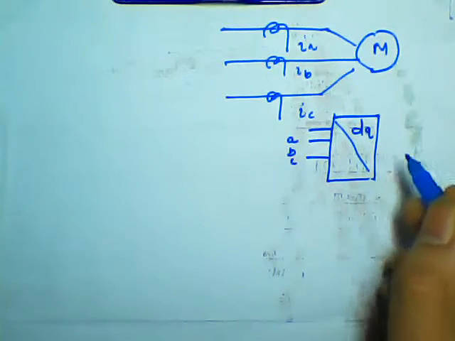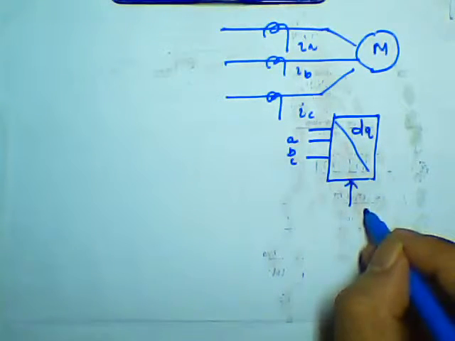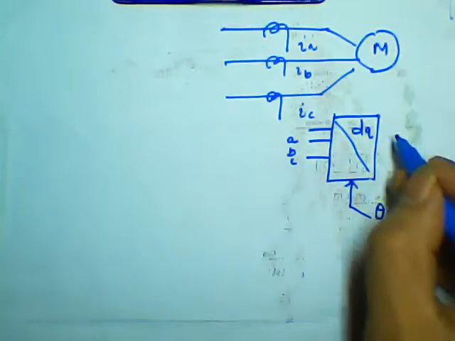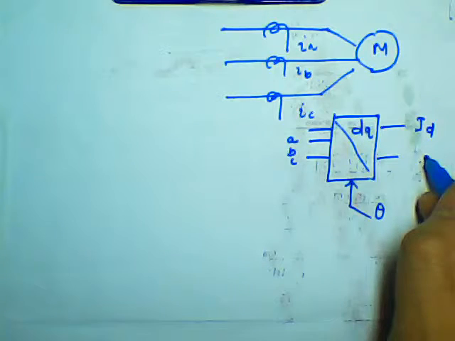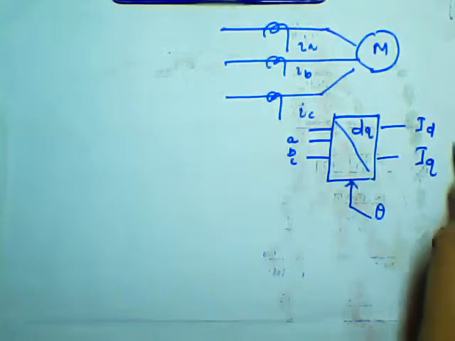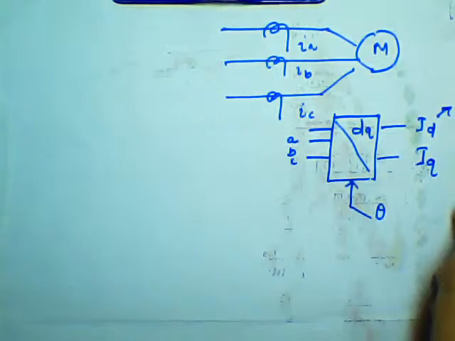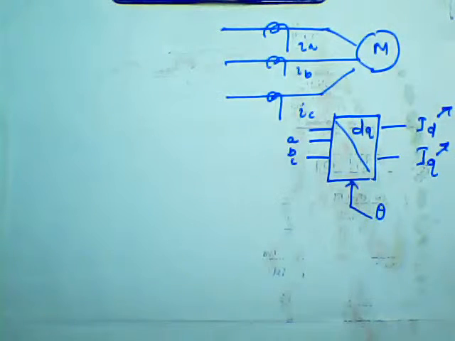But it is a rotating axis, so definitely you need theta, and I will explain how this theta will come. So here you will get direct axis current and quadrature axis current. The direct axis is responsible for flux production, and the quadrature axis is responsible for torque production.